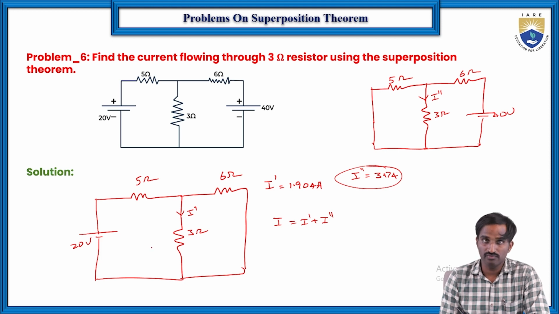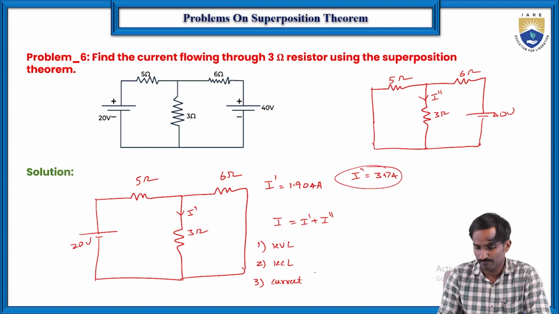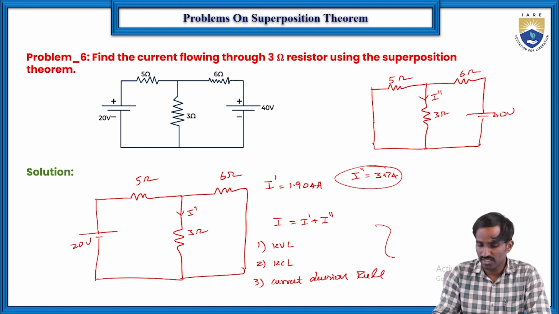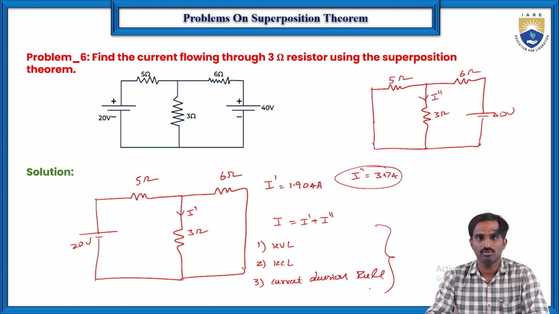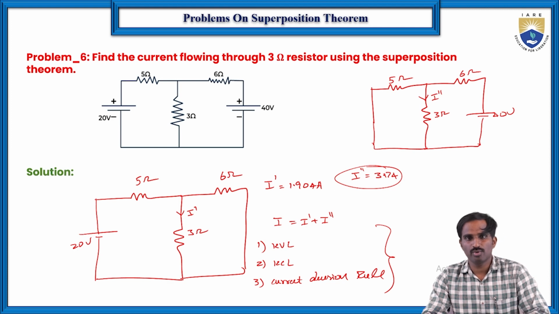To solve for I dash and I double dash, you can apply KVL, KCL or the current division rule. By using any one of these three methods, you can find the values of I dash and I double dash, right? So this is about the superposition theorem.